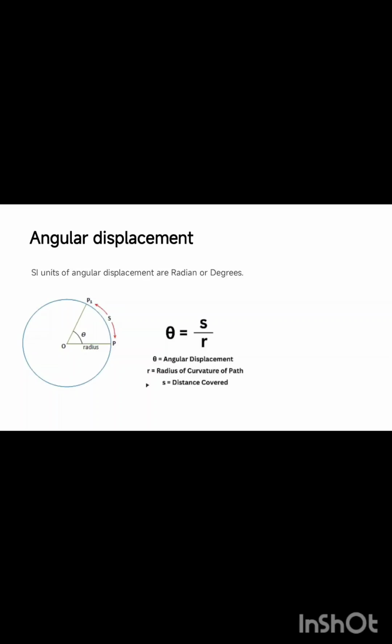And if you look at this diagram, s is basically the arc length of the segment. As you have learned in mathematics, arc length is the outer distance or the circumference which is moved by the object while moving in a circular path. So here s is the arc length of the circle.